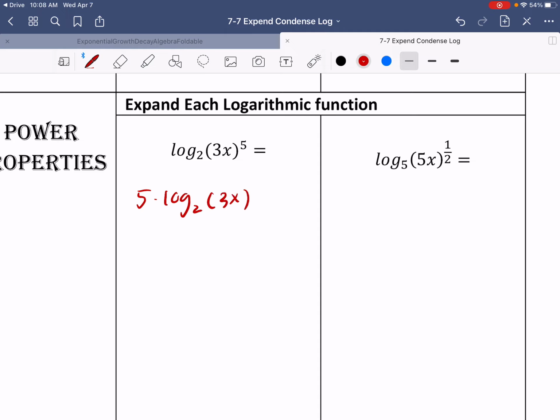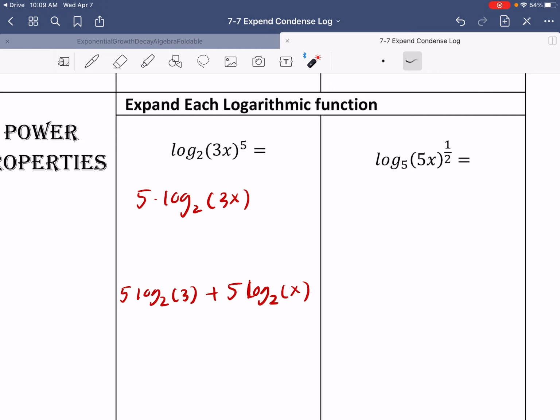Now you don't have to do this part, but you can expand it further. This one is 3 times x, so it's the same as 5 log base 2 of 3, plus, you have to write 5 again, log base 2 of x. You can expand it like this.